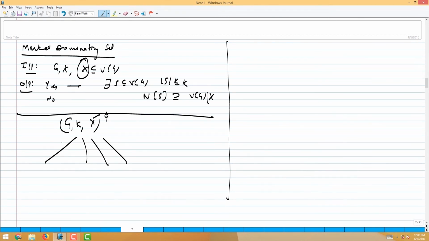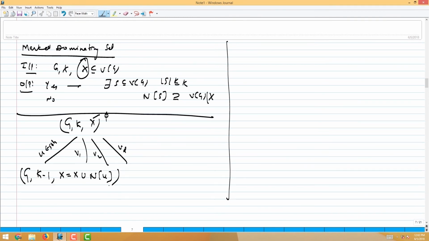You take a vertex and decide if this goes to the solution or one of its neighbors goes. When you decide to put a vertex u in the solution, you create an instance with G and k minus 1, because you've decided to put it in the solution, and you update X. In X you put all neighbors of u.